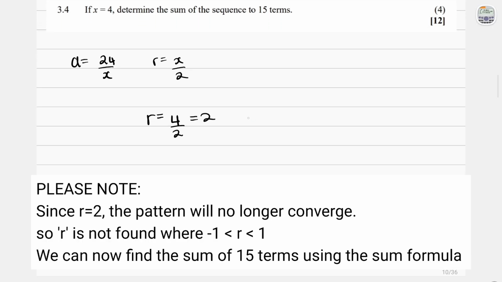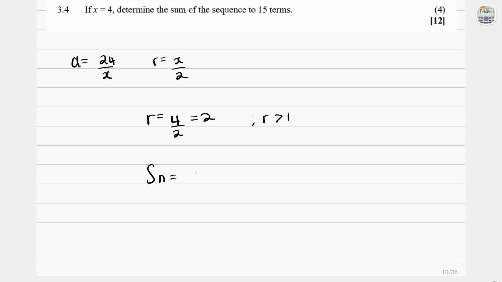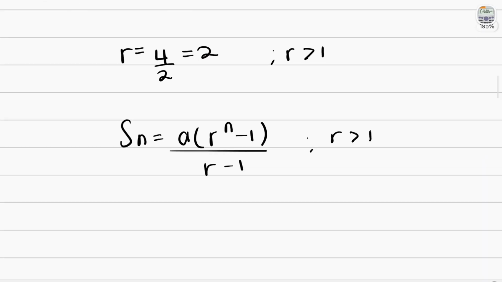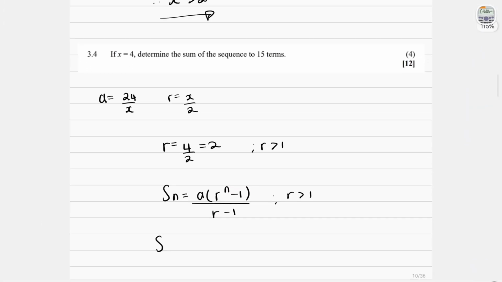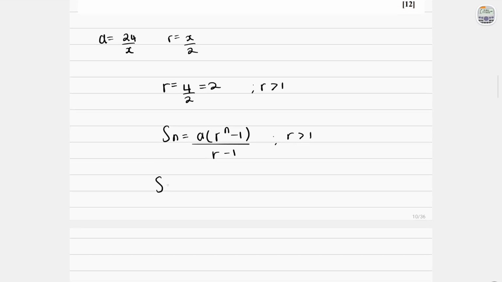And because r is 2, this is a value that is greater than 1. So let's use this formula. Sn is equal to a multiplied by r raised to the power of n minus 1, all over r minus 1. This is where r is greater than 1. That's the formula I'm using. So the sum of how many terms do we have? 15 terms. So the sum of 15 terms is equal to a, we should have found the value of a already.